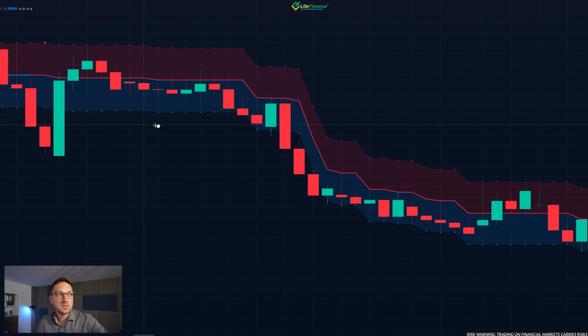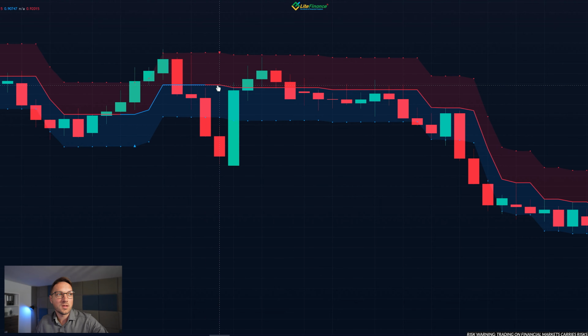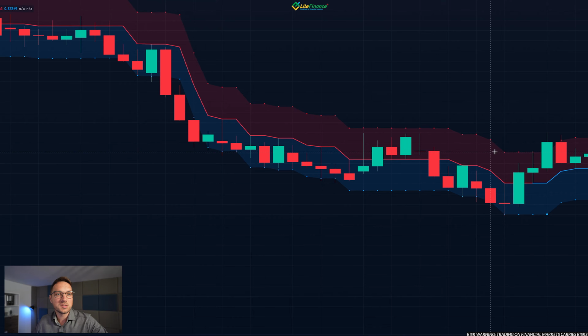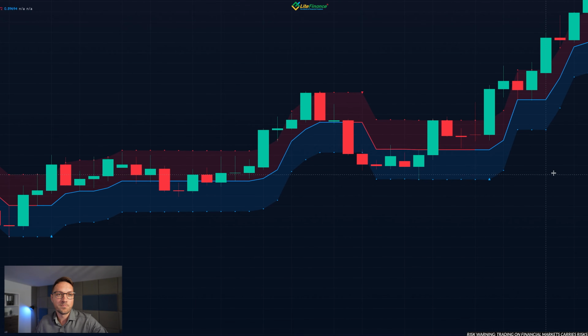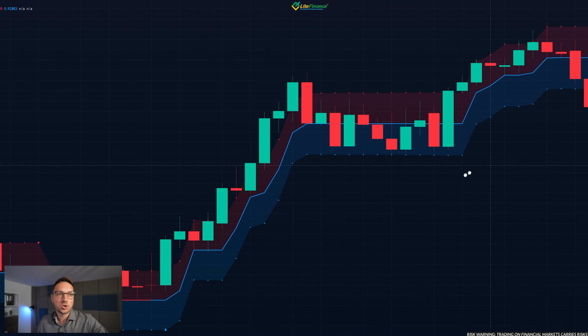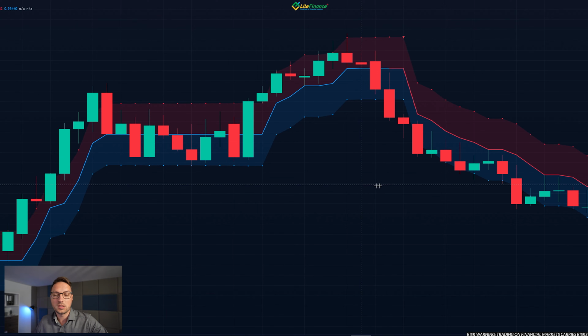When the line starts switching to red, it indicates that soon the downtrend will begin, and in the opposite direction, when it starts to change to blue, it signals that the uptrend most likely will begin, in the short or mid-term at least.